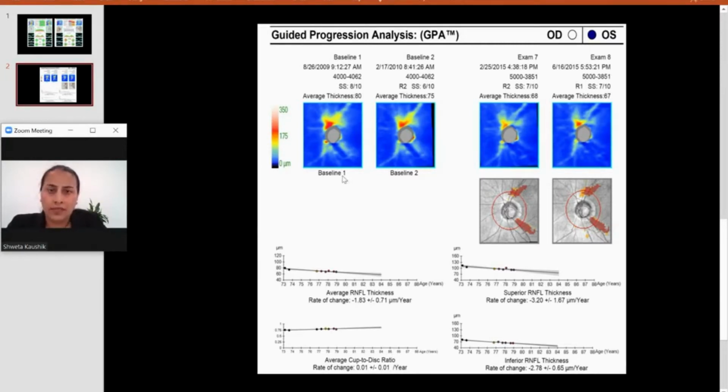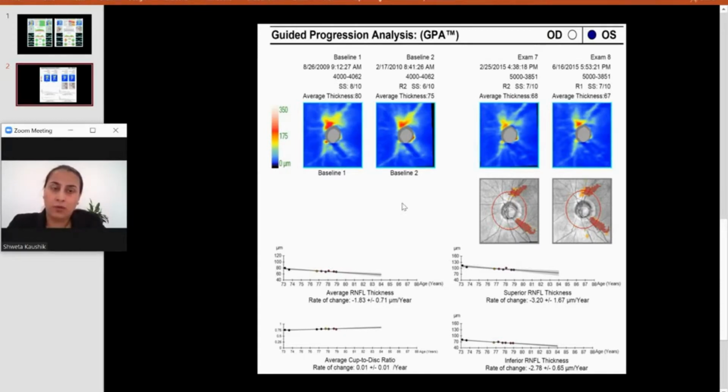What's happening is that these later tests are being compared to the individual's baseline tests, and that's really where OCT is powerful. These tests would have been compared to the normal database of people your own sort of age.